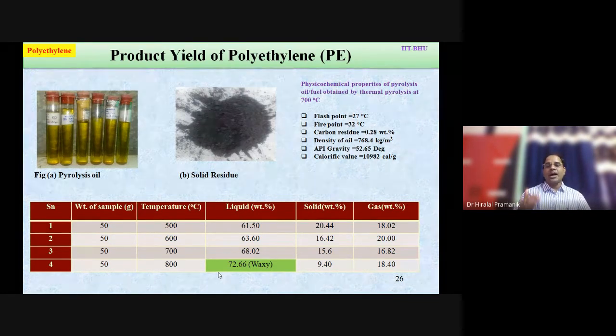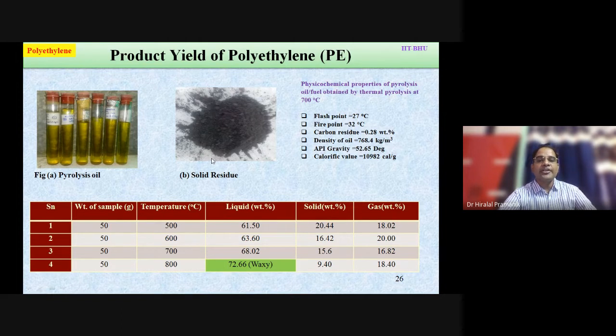That's why it is waxy in nature and not preferred as a fuel. But when the temperature is maintained at 700 degrees Celsius, we get liquid products. When we analyzed the 700 degree fuel, the flash point and fire point were low, carbon residue was less than 0.28%, and density, API gravity, and calorific value were quite good.